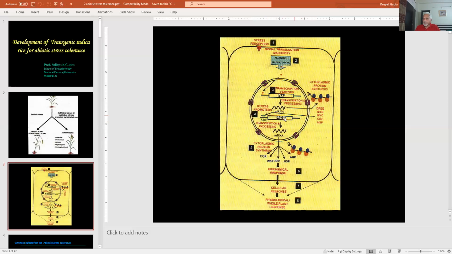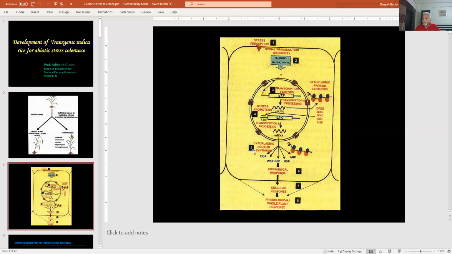So this nuclear response leads to the generation of very specific mRNA in response to this signal, and then they are taken to the cytoplasm where the proteins are synthesized. Now this is up to the molecular response where certain genes are switched on, switched off, or overexpressed or underexpressed in response to the signal.